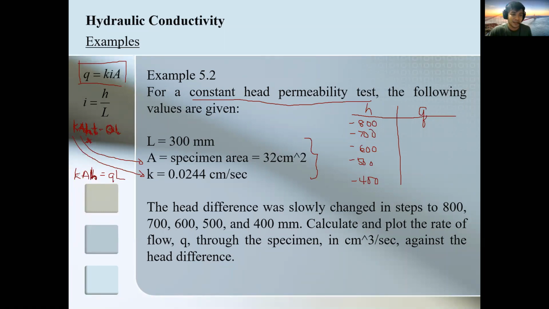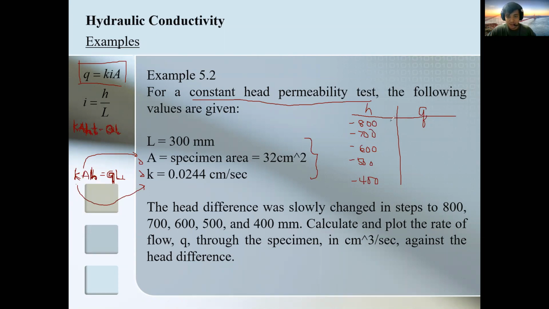Okay? So again, we have K, we have A. Again, the H is different per trial.